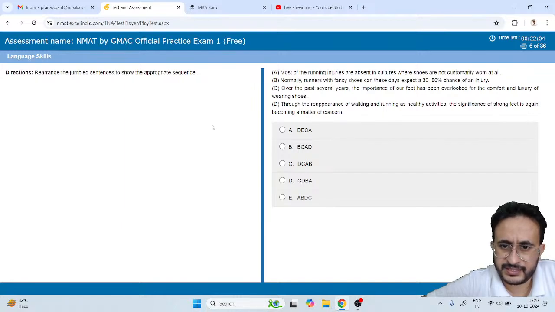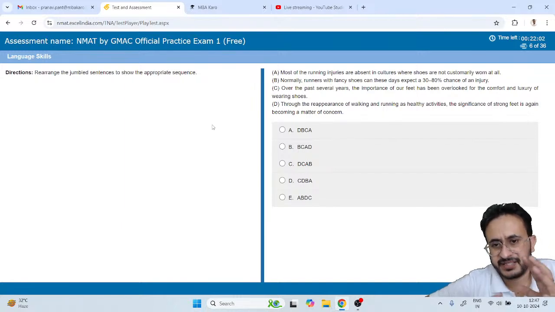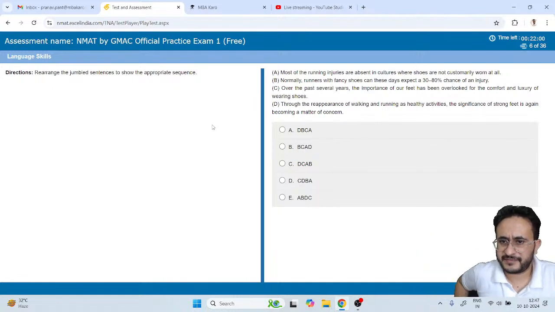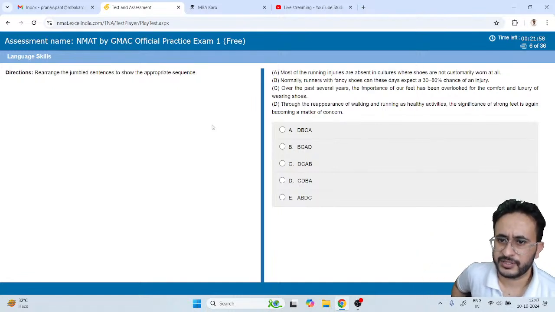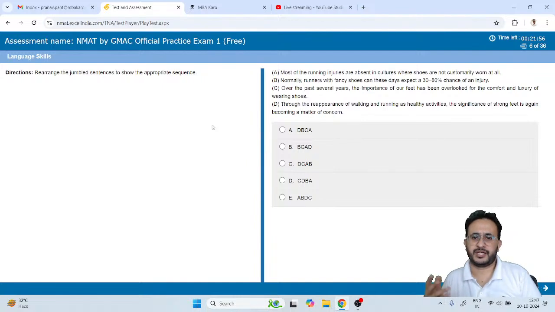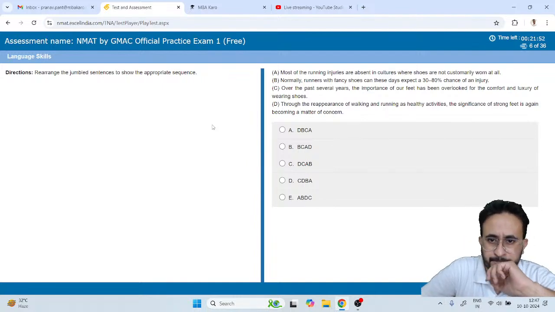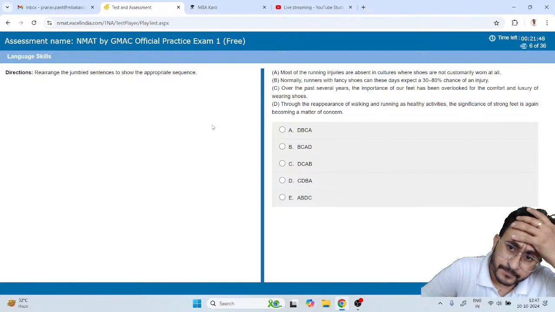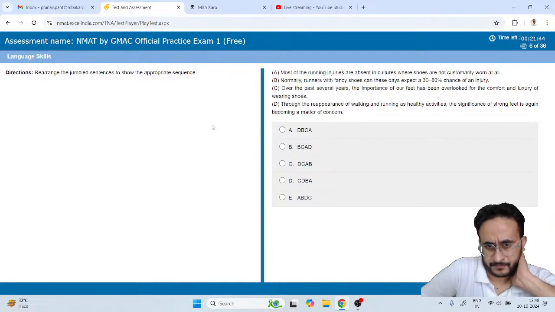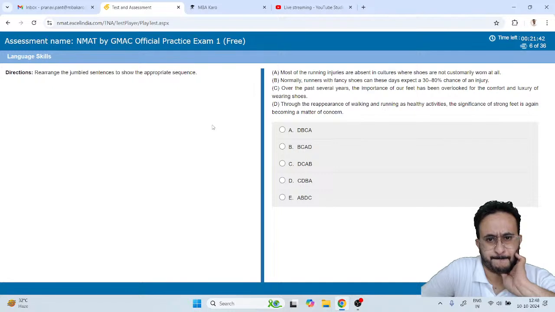Okay, C should come before D. It is saying that over past several years, the importance has been overlooked, and now it has been becoming a matter of concern. B and A have to be connected in some form.